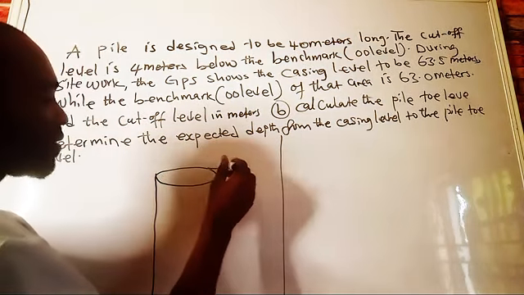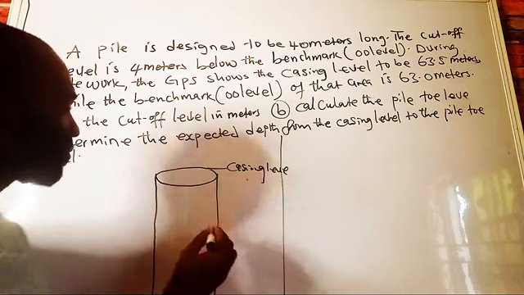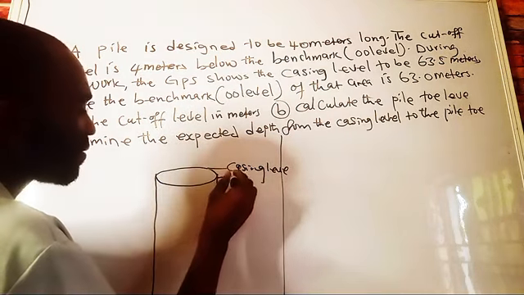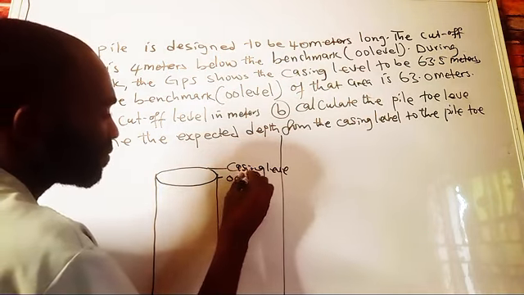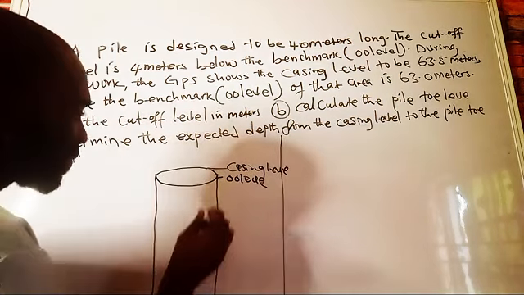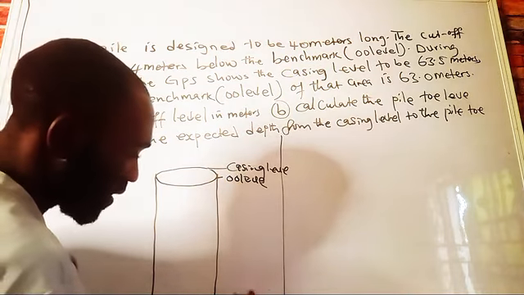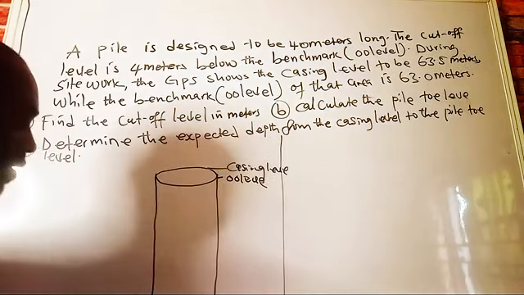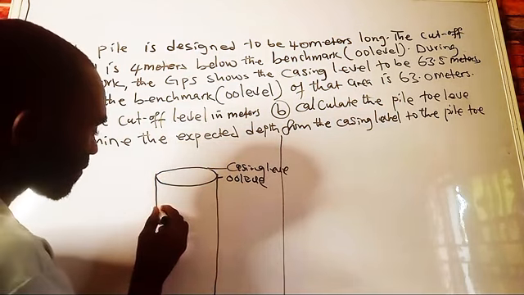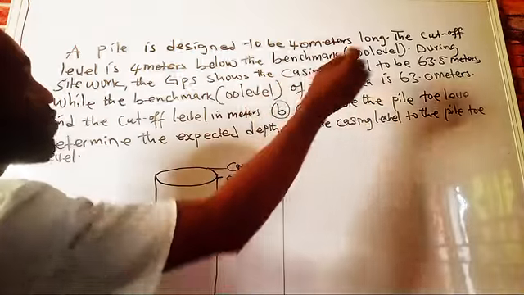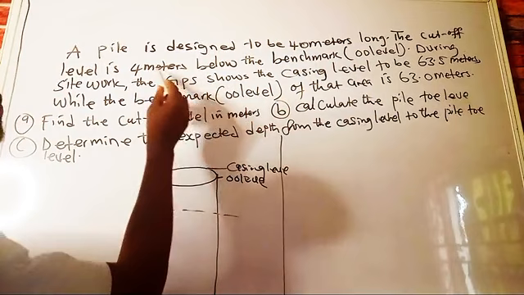So here is called the casing level, while here is the 00 level. From here we call it the toe level, while somewhere here is the cutoff level, which is from the benchmark below, some 4 meters.